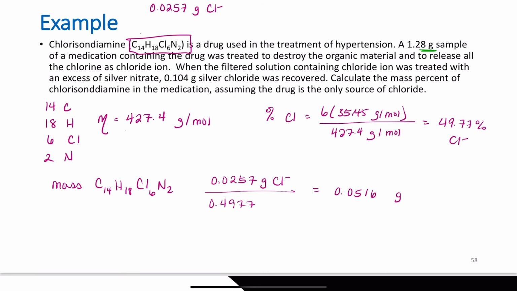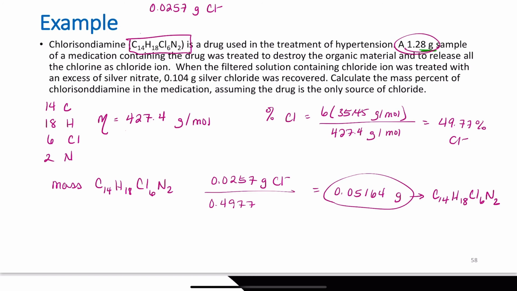So I know that this is my total C14H18Cl6N2 sample of the 1.28 gram sample of medication that contained the drug. It contained 0.05164 grams of the actual drug.